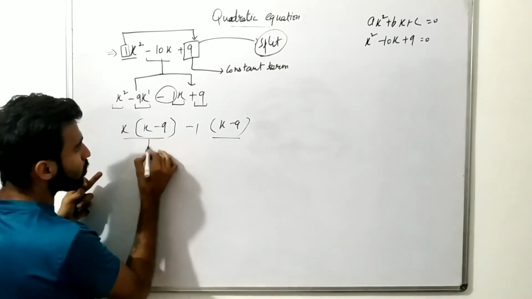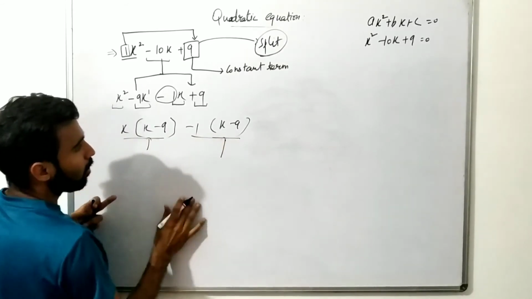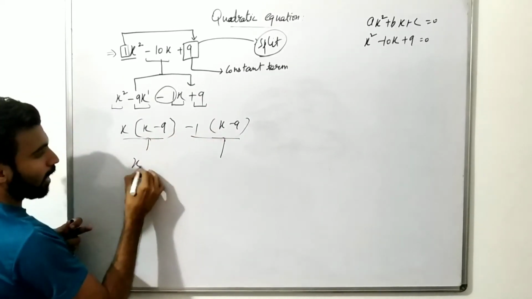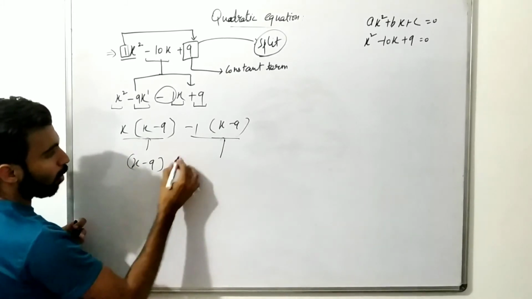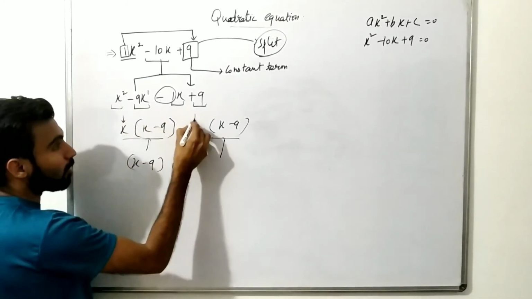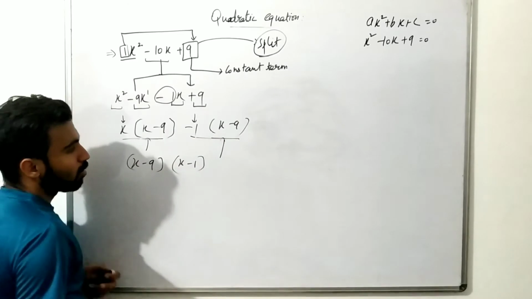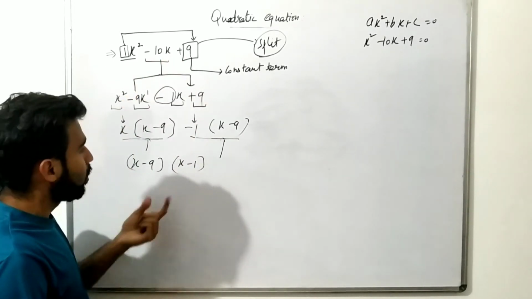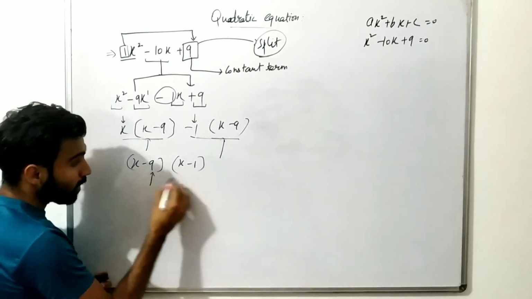Now in these two terms, you see that x minus 9 is common in both the terms. So if I take x minus 9 common here, what will be the remaining? This x and this minus 1. So this is how you split the middle term and bring out the two factors here.